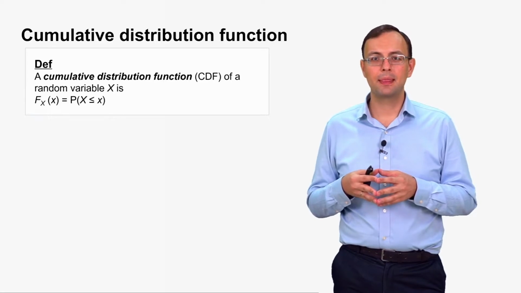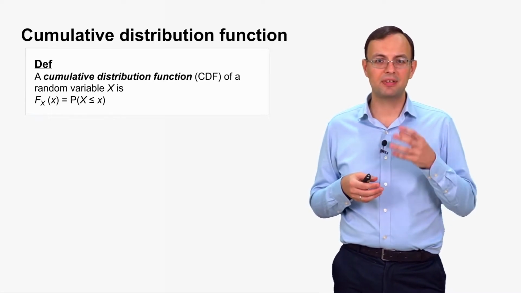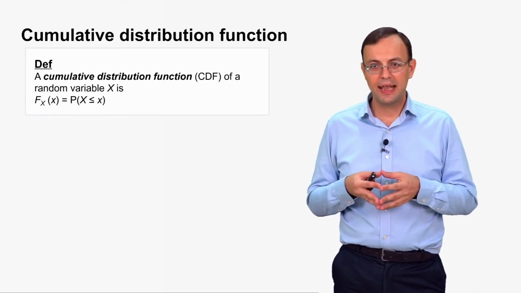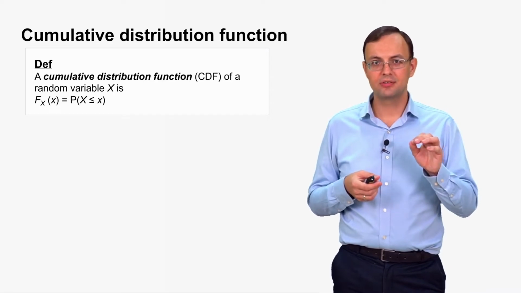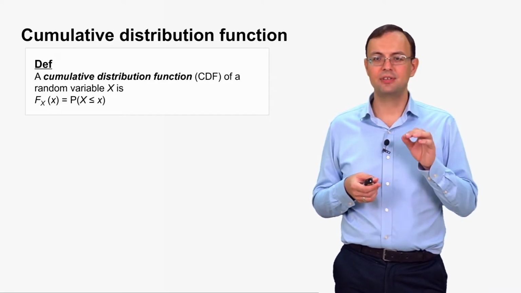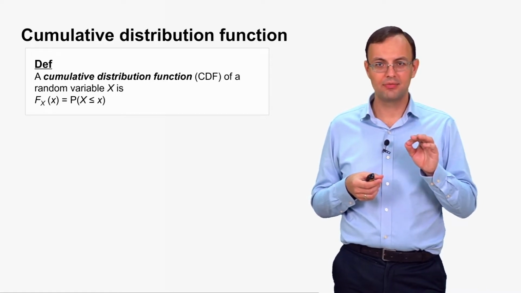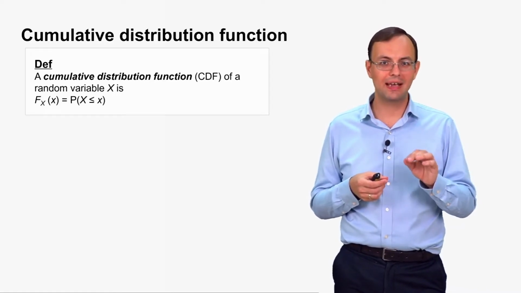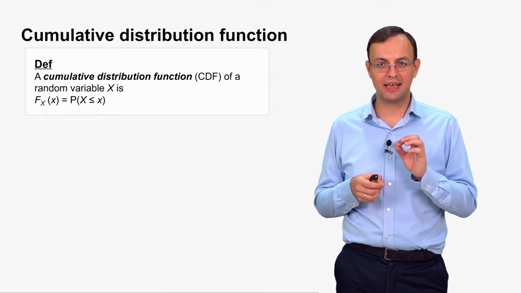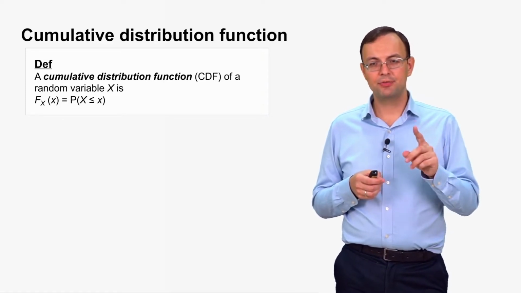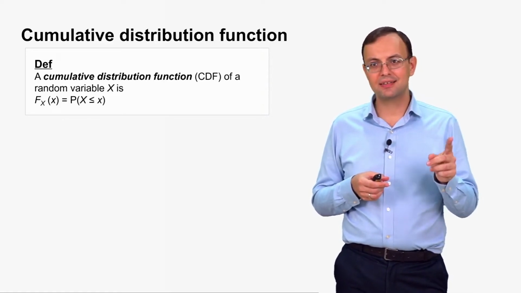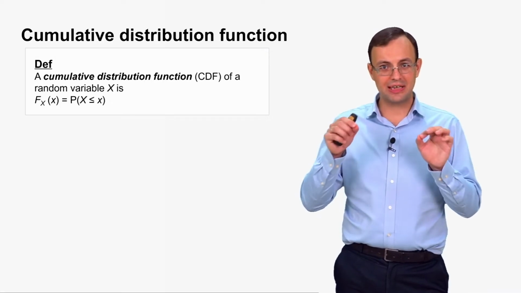They usually use capital letter F to denote this function, and in each point small x, this function is equal to the probability that capital X will take a value less or equal than small x. Be careful here, capital X and small x are two different entities.